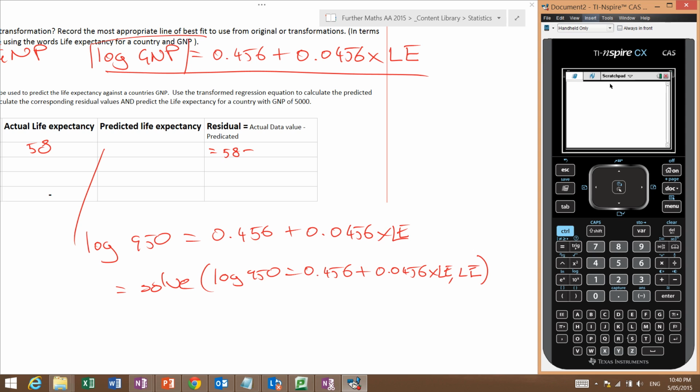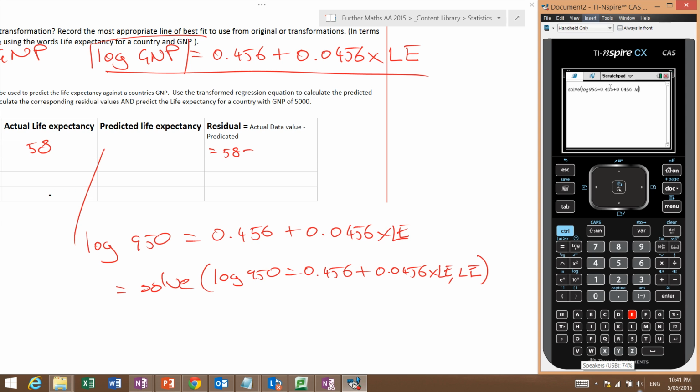We're going to go solve, bracket, log 950 equals 0.456 plus 0.0456 times, this is where we're going to type in LE, and then we'll do our comma.